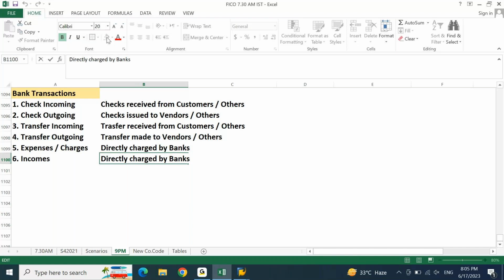This is also directly credited by the bank. So you may receive interest on your deposit, interest or exchange rate incomes, or any kind of income. These kinds of incomes that you are receiving, you may come to know only when you look at the statement. Agree?